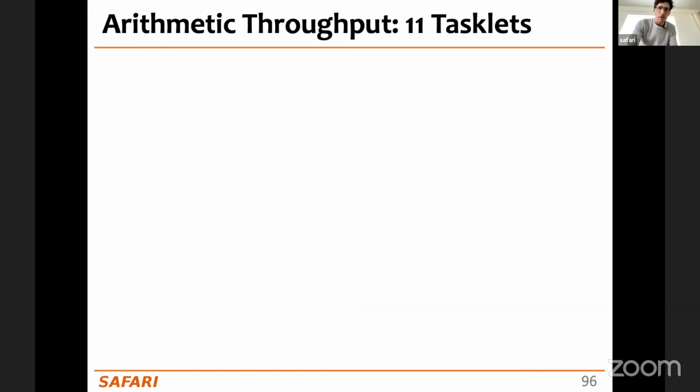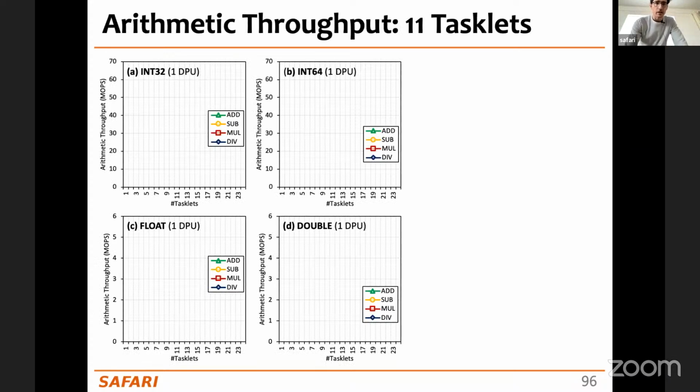And actually, one thing that we observe when we analyze this architecture is that the saturation point happens at 11 tasklets, 11 threads that are these tasklets that run on the pipeline. This is our observation, and this happens for different data types and different operations.